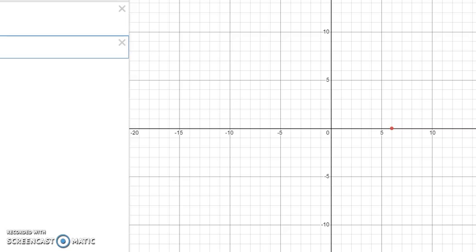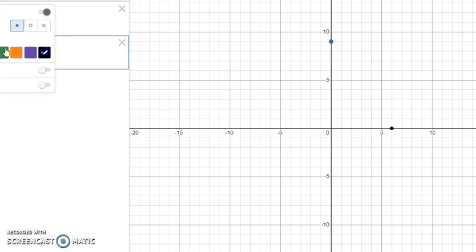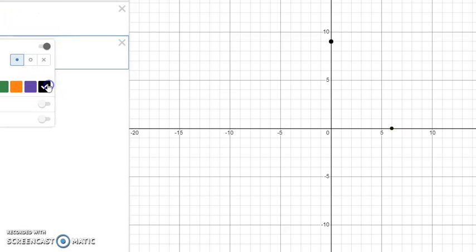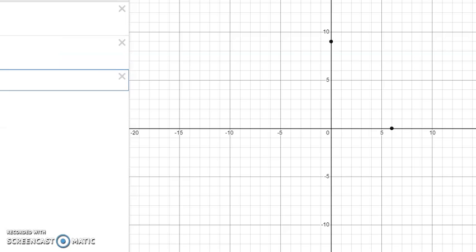Next thing we'll do is we found the y-intercept, which is 0 and 9. There's 2 points. And then we will graph those. Put a straight line through the graph. So 3x plus 2y minus 18 equals 0. And there's your graph for those 2 points.